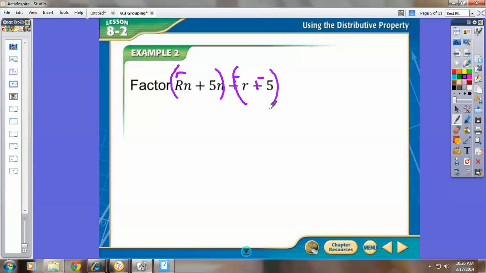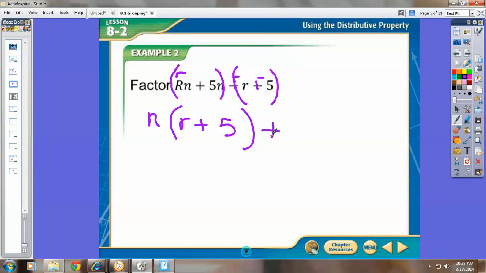In my first group, what is the greatest common factor? N. I can't take an R out. Here I have an N, here I have an N. So N is our greatest common factor. What do I have left when I factor out an N? R plus 5.